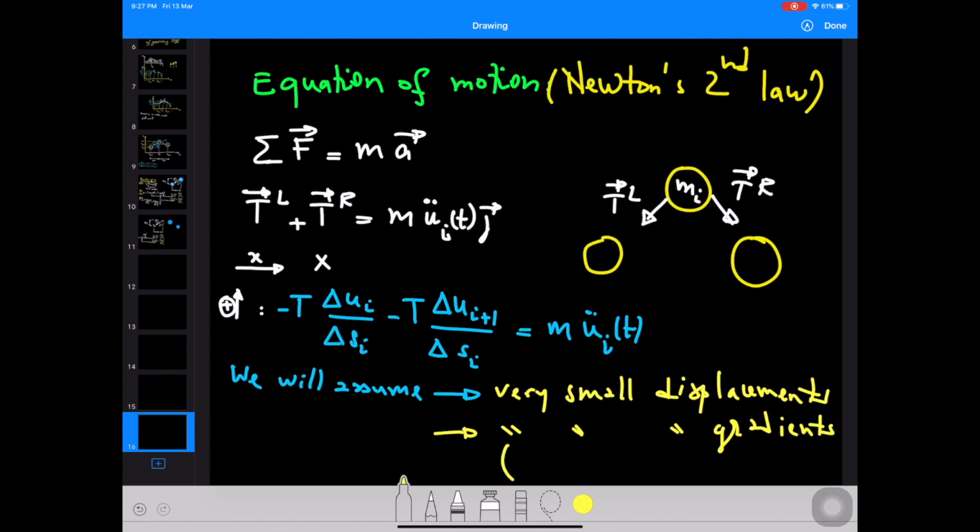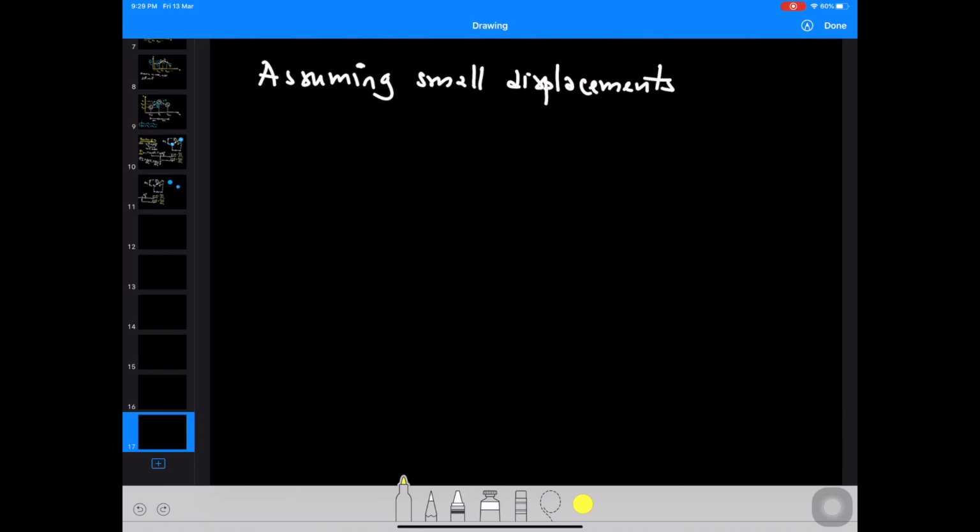What we mean here by displacement gradients is delta u_i over delta x. Assuming very small displacements, we have delta s_i is equal to the square root of delta u_i squared plus delta x squared.